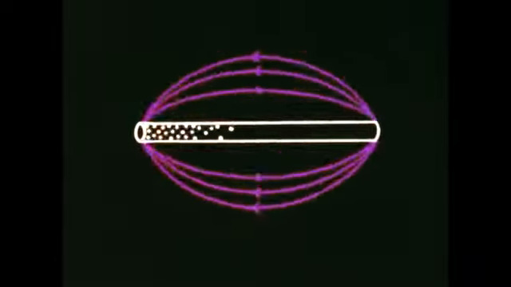From the antenna, we can visualize the radiation as a series of grids propagating outwards. The vertical lines are the H component, and the horizontal lines the E component. Notice that the lines are at right angles to each other, that is, in space quadrature.